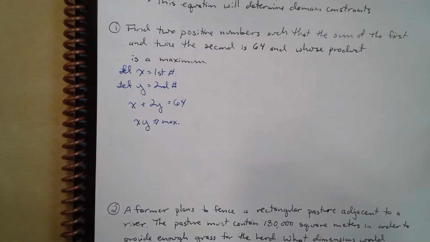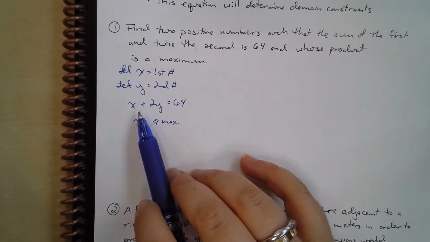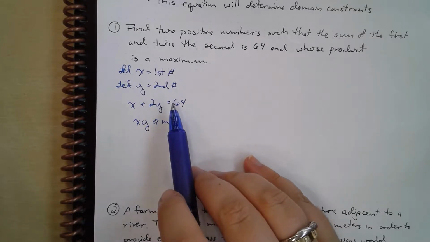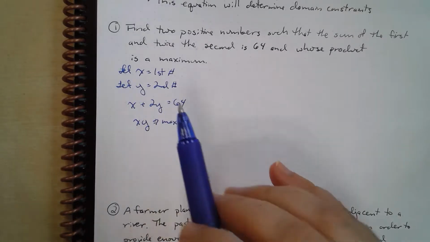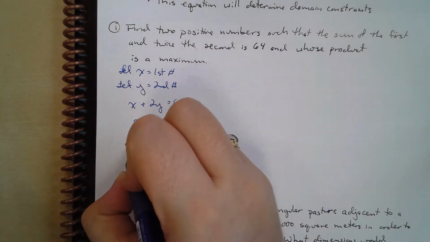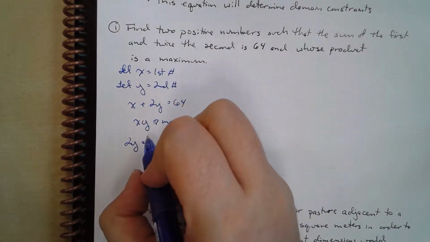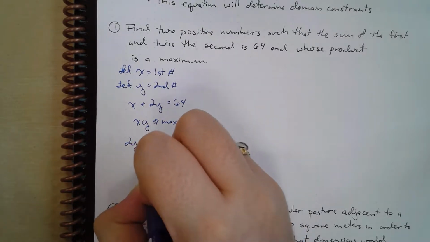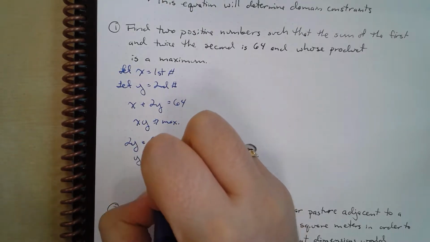Well, the first thing I'm going to do is solve x plus 2y equals 64. I'm going to solve that for y and isolate a variable. Now, you could solve it for x if you want. It really doesn't matter. But I'm going to have 2y equals 64 minus x, so y equals 64 minus x over 2.